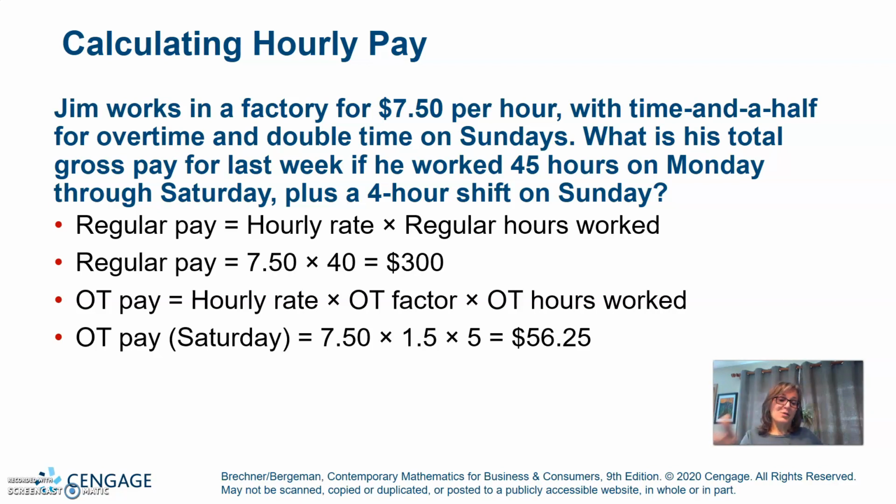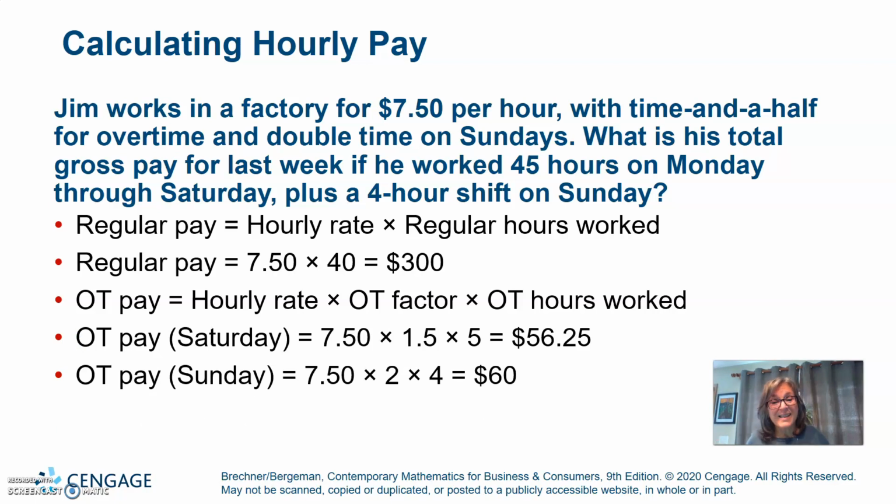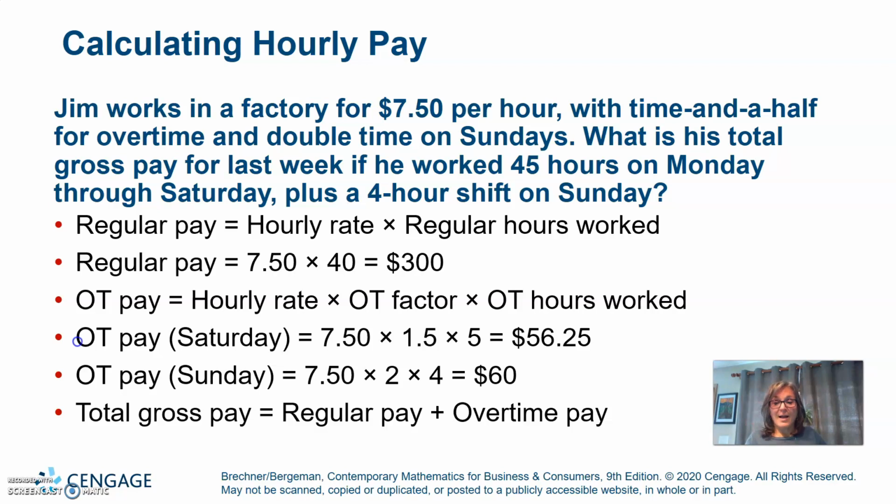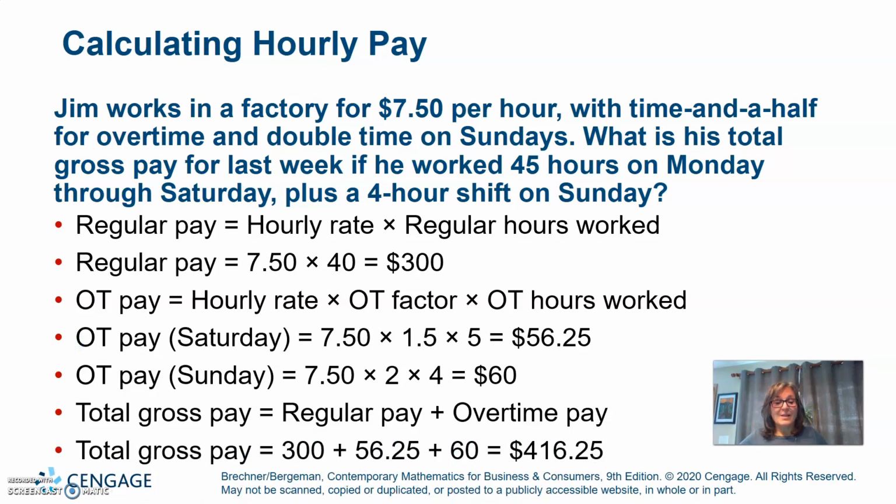So now we have $300 and the $56.25 coming to Jimmy. And then Sunday is a factor of 2 for that $7.50, so he's getting $15 an hour on Sunday, and that's times 4, which gets $60. To figure it all out, we add it all up, and he gets $416.25 that particular week. Okay, so again, if you have questions, please let me know.